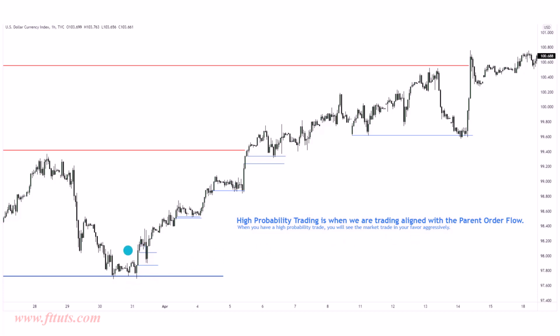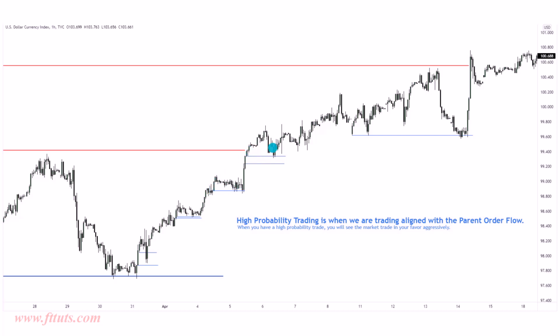If you take this fair value gap aligned with the parent order flow, you can see price trades aggressively up. This fair value gap here, aligned with parent order flow, trades aggressively up. This order block paired with this fair value gap makes it a high probability order block, and it trades aggressively up.